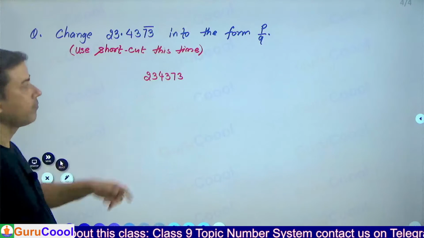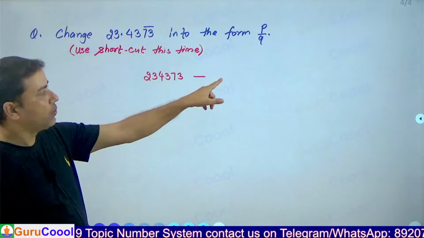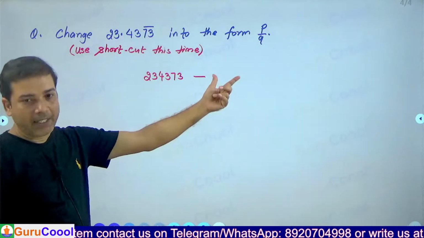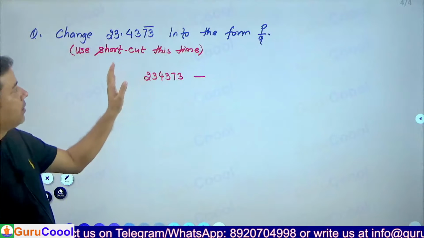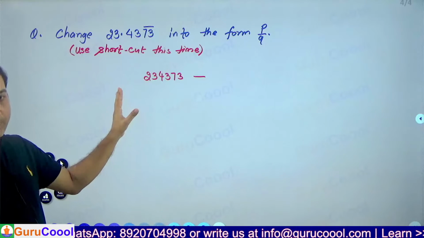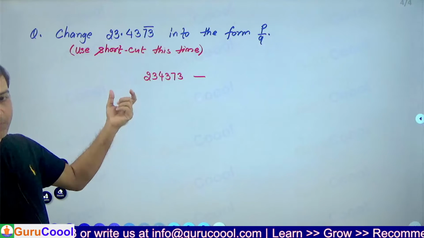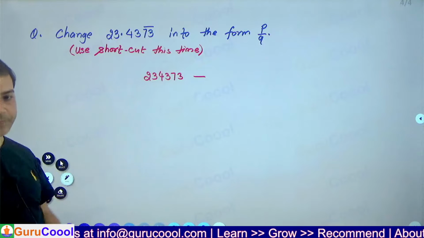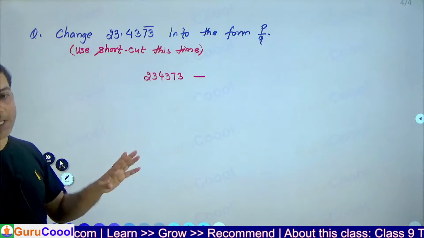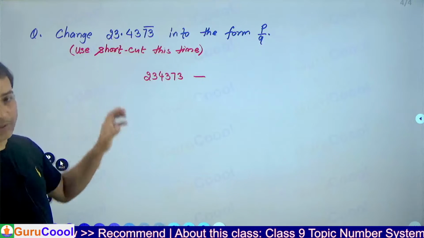Okay. After minus sign, now we have to subtract a number that is found by taking the digits without bar sign and without decimal. What is the number? 43. Not just 43, without bar sign. 2343.